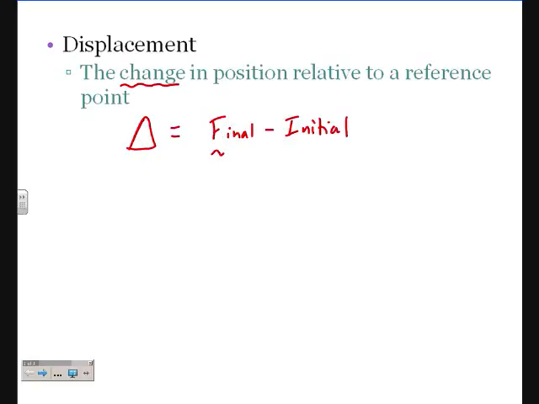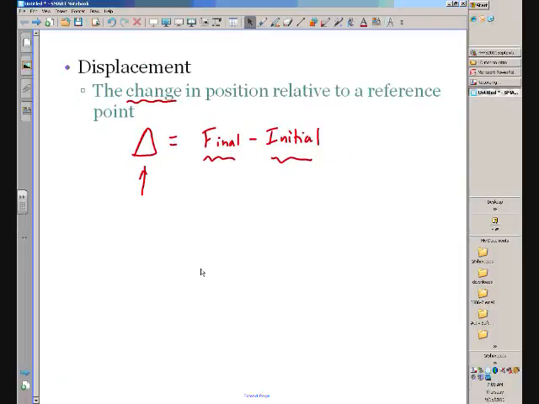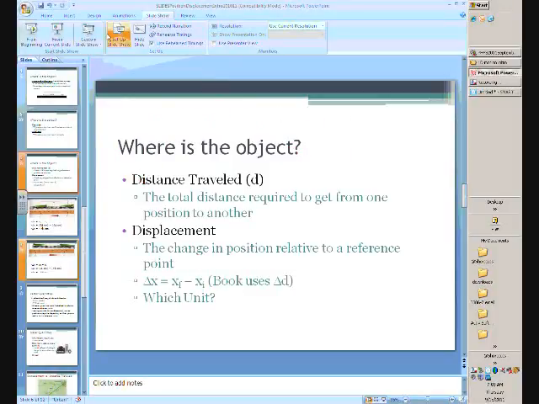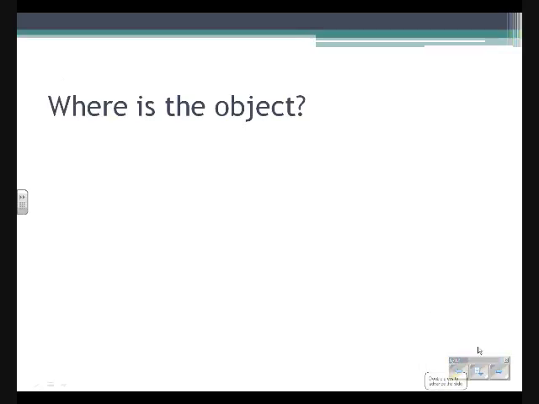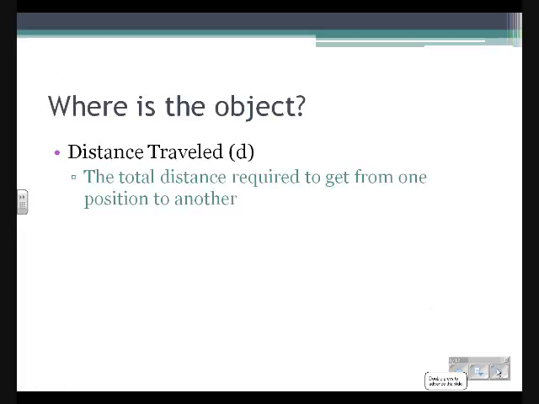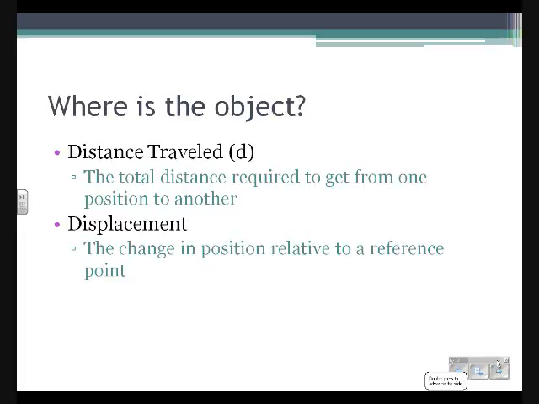Where did we end up minus where we started, and that's going to give us what the change in that quantity was. And that holds true as well when we're talking about displacement. Remember our definition of displacement, the change in position relative to a reference point.